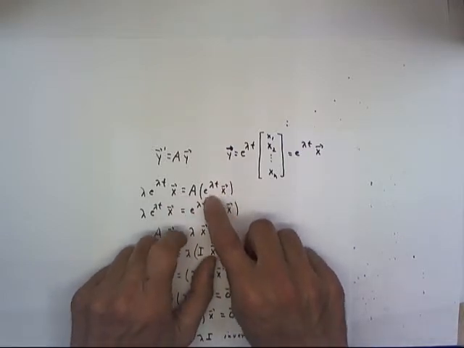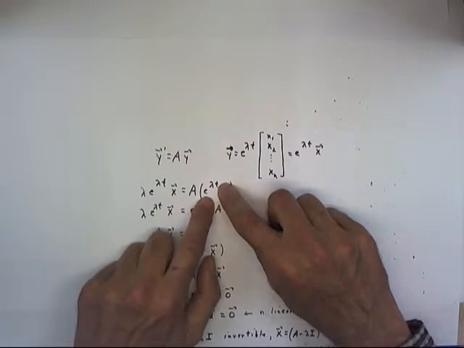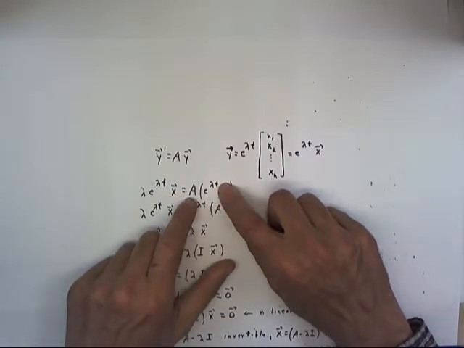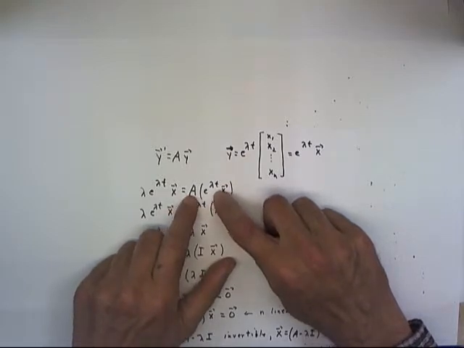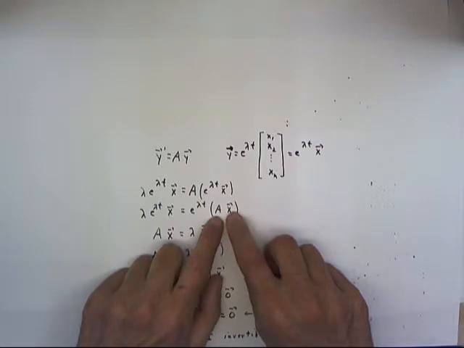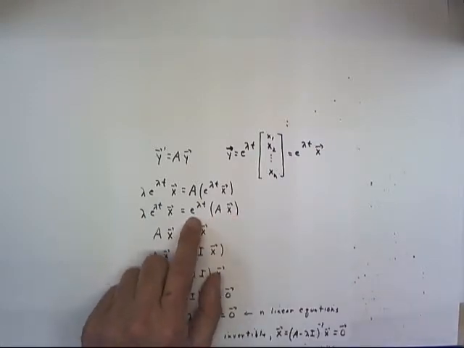That multiplication, unlike matrix multiplication, remember e to the lambda t is just a single number for any value of t, is commutative, so we can switch A and e to the lambda t. And then we can apply an associative law to group A with x, and now we've got e to the lambda t out in front.